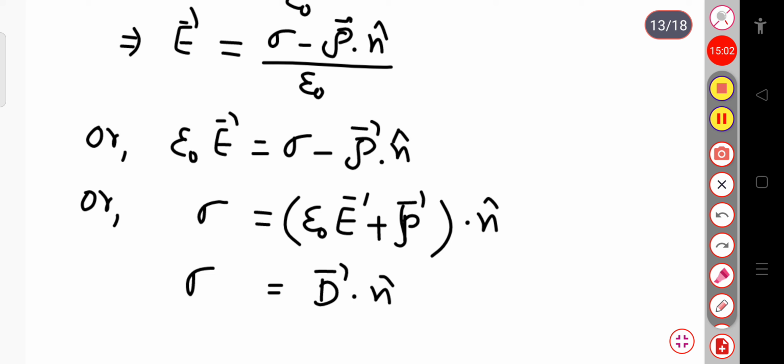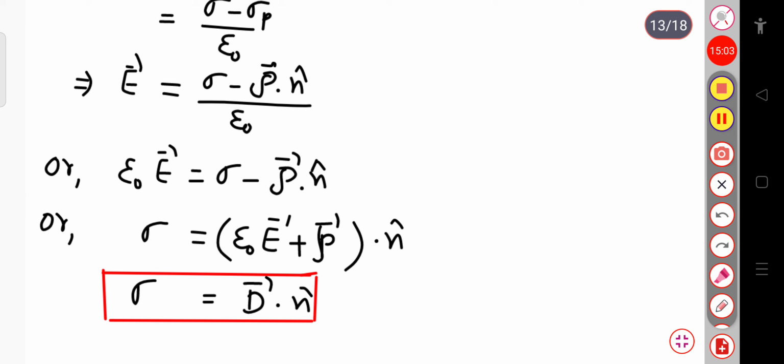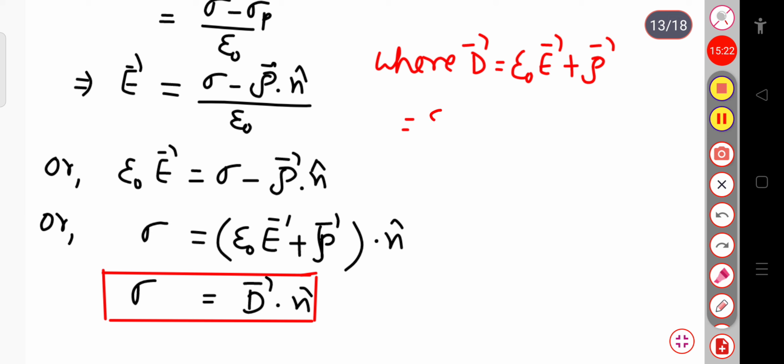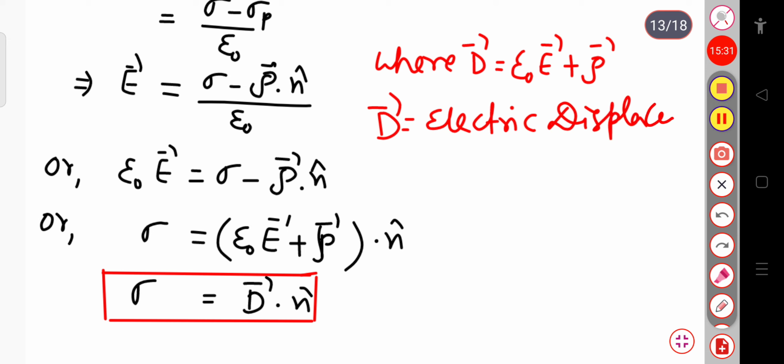So D vector equals epsilon naught E vector plus the polarization density P vector, and that is called the electric displacement vector.